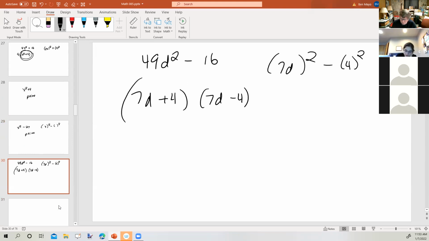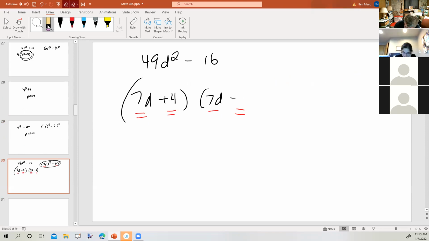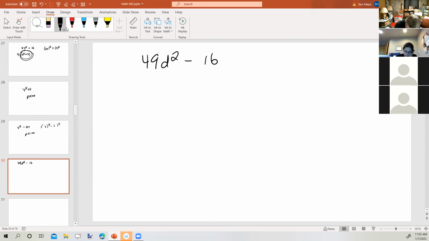Now, people sometimes say, why do I bother doing this? The reason I bother is to force you to think about what these numbers are, because I'll get students that will do this. They'll go, oh, that's 7d plus 16, 7d minus 16.